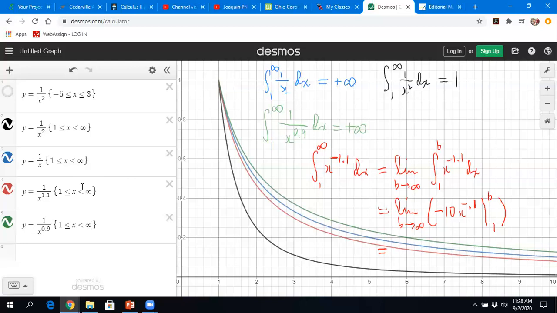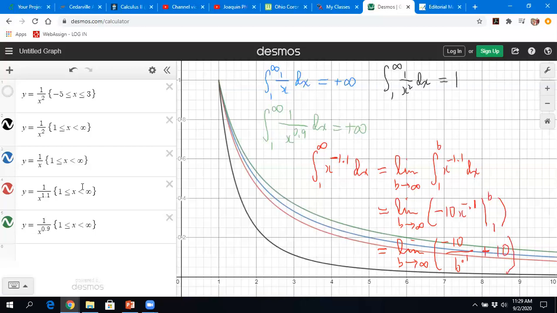So this is equal to the limit as b goes to infinity of negative 10 over b to the 0.1 minus negative, which is plus 10, because I'm plugging in x equal to 1, right? So plus 10.